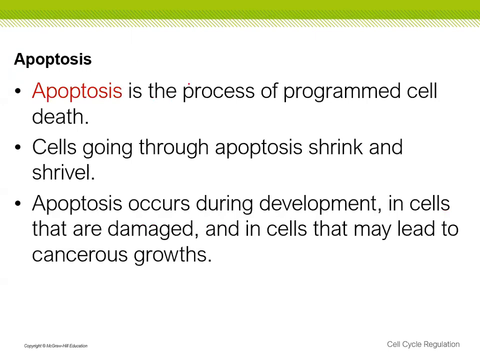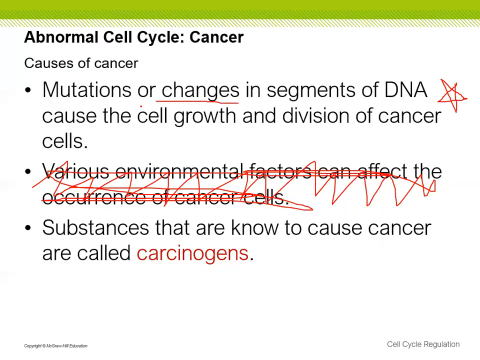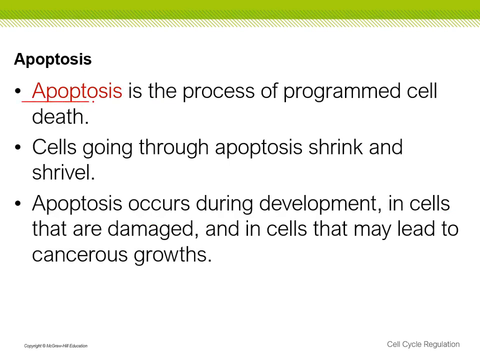Okay, so what happens if your body detects that there's an issue with a cell, that it needs to terminate it, get rid of it? There's a process that it uses for that, which is called apoptosis. This is when it tells the cell, hey, cell, you just copied the wrong DNA. You need to die now. So what ends up happening is they shrink and they shrivel.